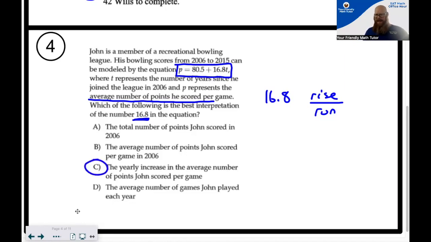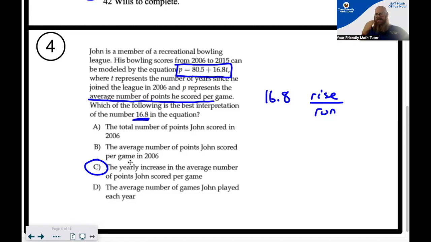All right. So again, you might have even been able to get that. I'm trying to go over a more general way for some of the harder problems. So again, when you know something's a slope, we just need to know the unit. So the rise is the y, which is the average number of points per game, and then the run is the number of years. So that's the yearly increase.